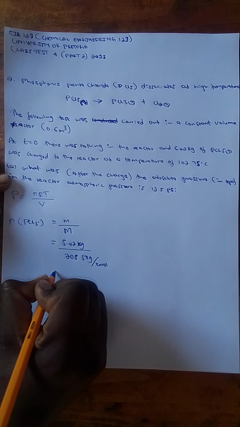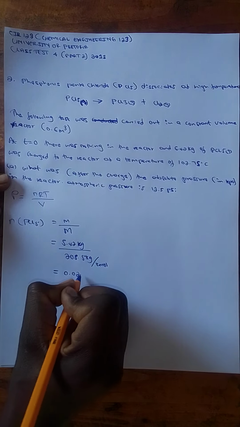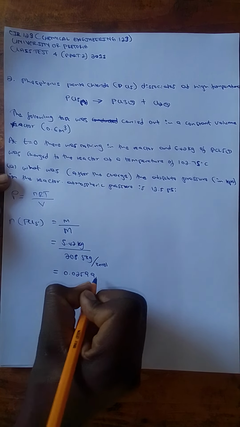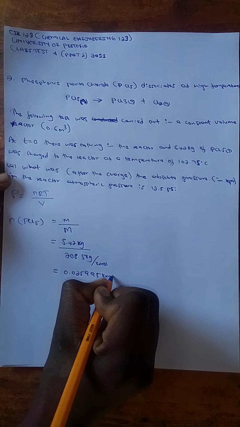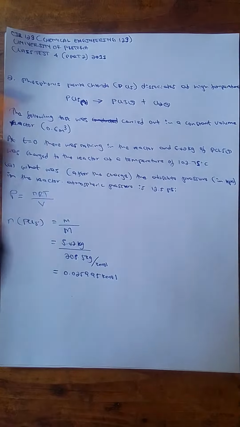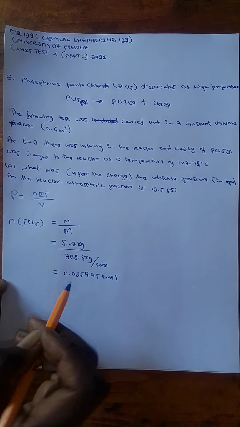So if you use your calculator there, it gives you 0.025995 kilomole of PCl5. So this tells us that immediately after they charged 5.42 kilograms of PCl5 at that temperature, this was the number of moles.